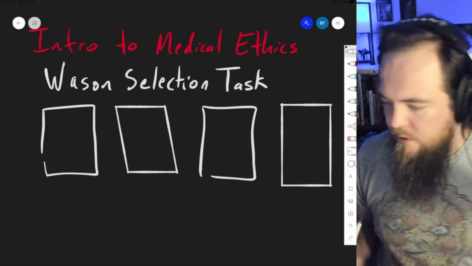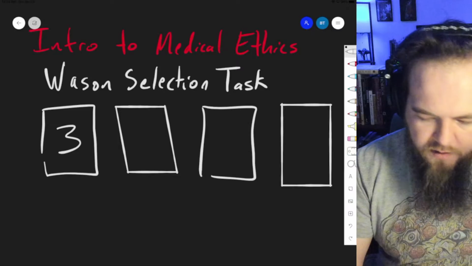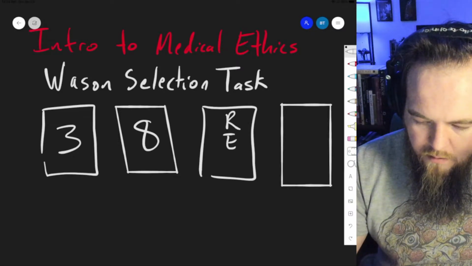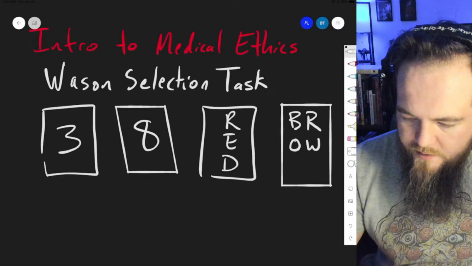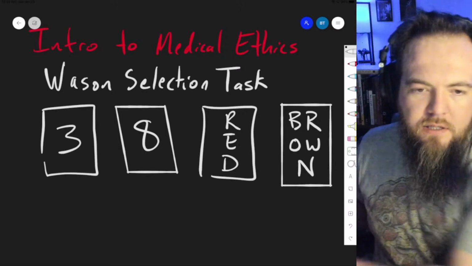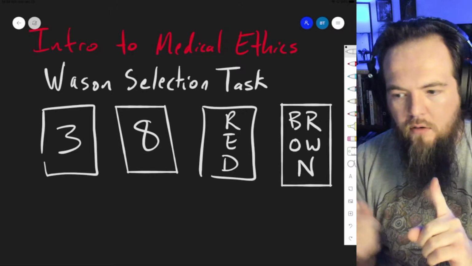the experimenter tells you that on these four cards, if there's a number on one side, there's a color on the other, okay? So I set out these four cards in front of you: 3, 8, a red card, and a brown card. You know if there's a number on one side, there's a color on the other.